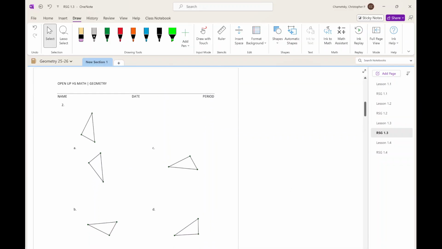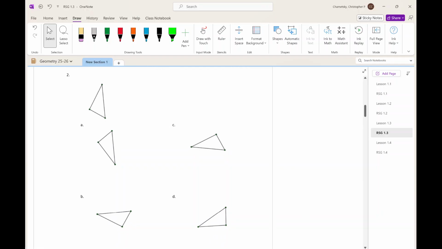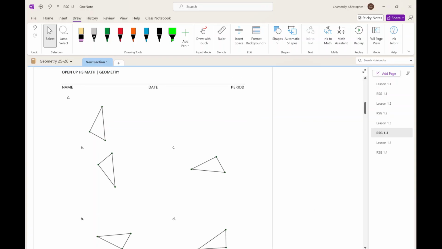Question 2, we have this triangle here as our original image. And for A, it looks like we have a reflection. We're going to need to rotate and reflect. So we're going to rotate, and then reflect.